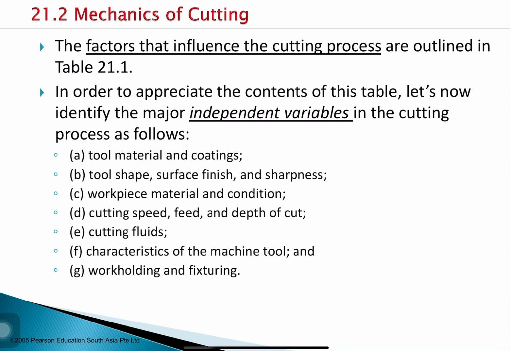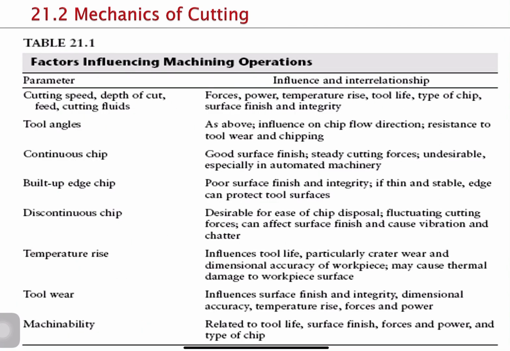Of course, the characteristics of the machine tool play an important role, like whether it vibrates or is steady enough to do the cutting process. And of course, work holding and fixturing. Here is the elaboration of what these factors do.